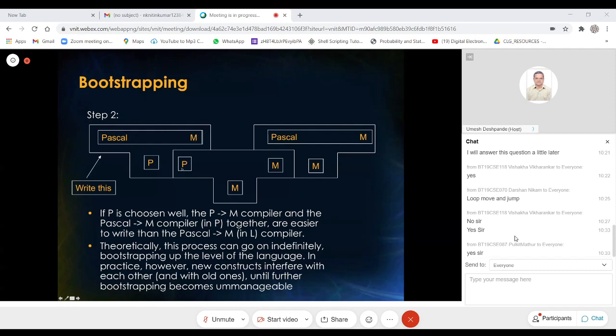and we feed it to this translator which we had created in the earlier step. Okay, so we have the P to M translator working on M, and finally we get the Pascal to M translator, the executable version of that for this machine M, which can now take any Pascal program, translate it into the machine language M, and it is an executable version, so it works on this machine.